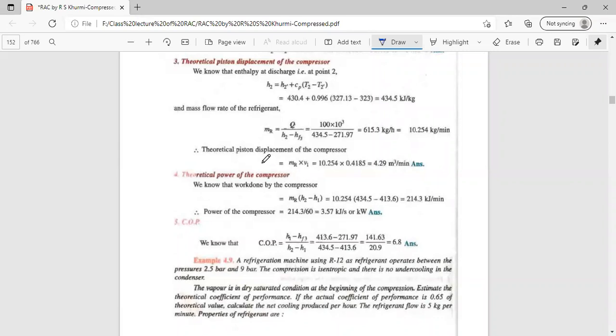So the theoretical displacement of the compressor, because this amount of mass is being compressed in the compressor per minute, is the mass flow per minute multiplied by the specific volume, which is 10.254 into 10 to the power 04185, equal to 5.29.